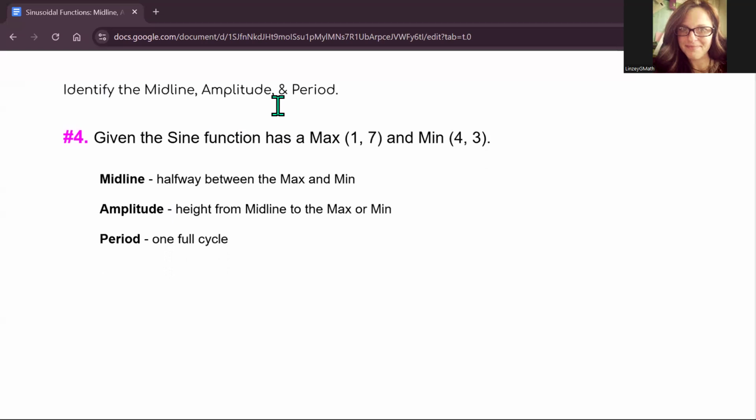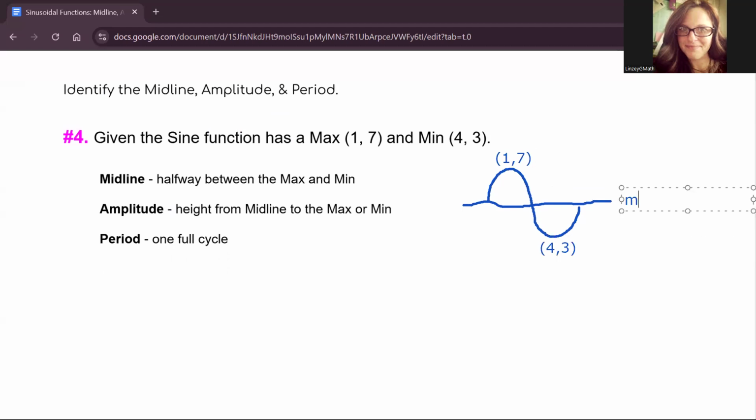I'm going to do a quick sketch using the information they gave us here. Here's our midline. Now I'm going to draw one full cycle of a sine graph. They told us that the maximum occurs at 1, 7, and the minimum occurs at 4, 3.